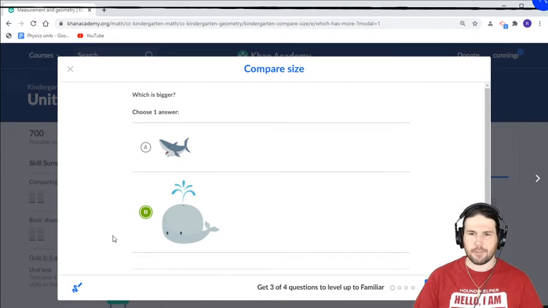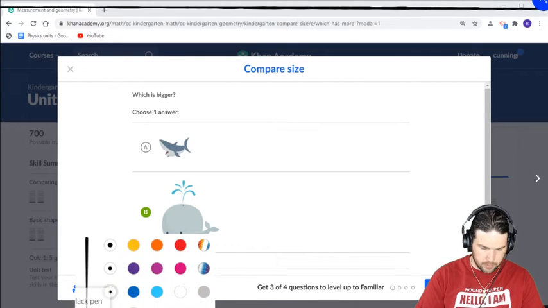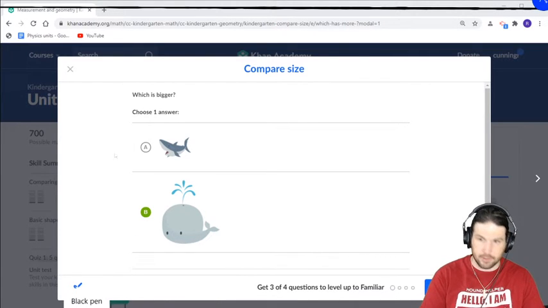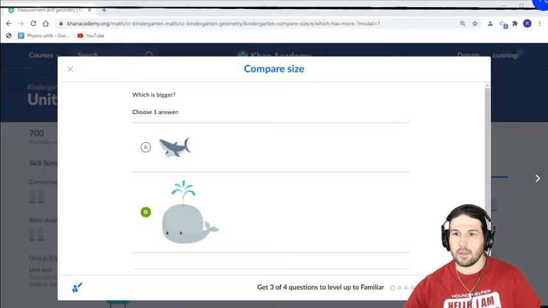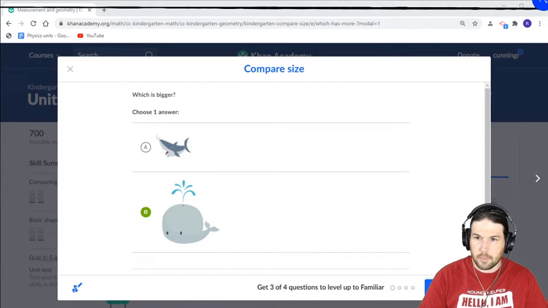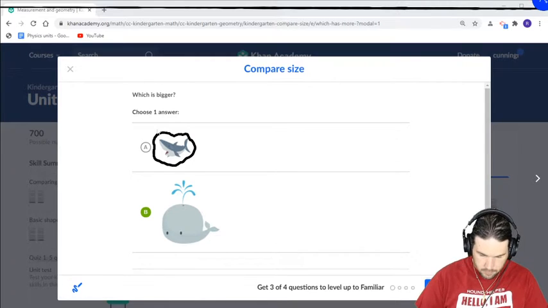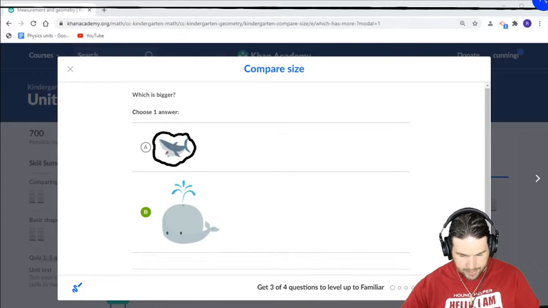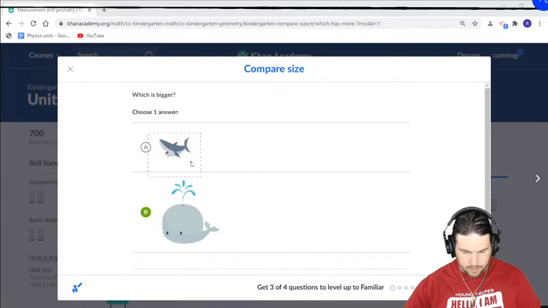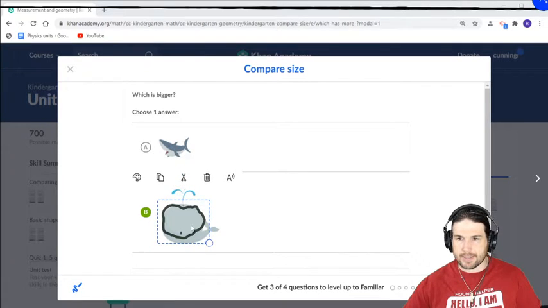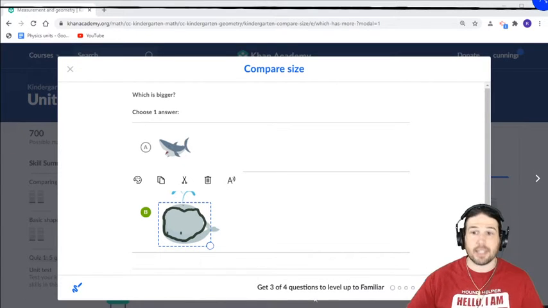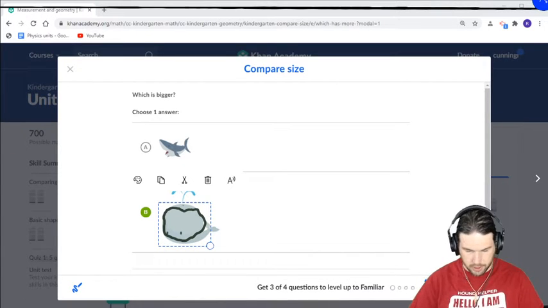In fact, if we were to sort of outline the shark, I could probably take that shark outline and fit it all the way inside the whale. So the whale is definitely bigger than the shark.